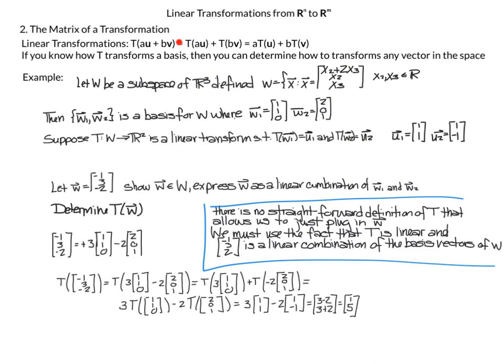And according to this formula here, we can break it apart, and this is the second step, until we have a linear combination of the transformations. And these two transformations are the ones we know. We know T of (1, 1, 0) gives us (1, 1). And now we just have a linear combination of our transformations.